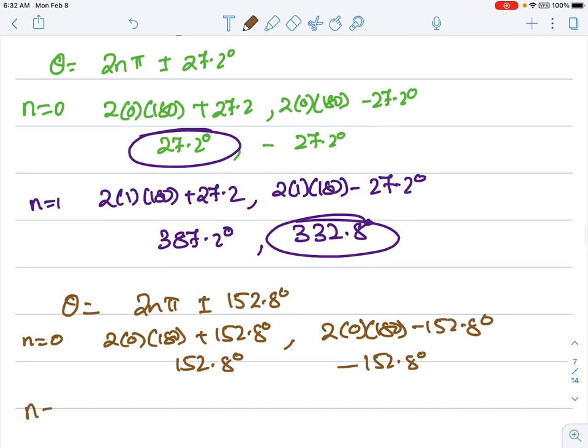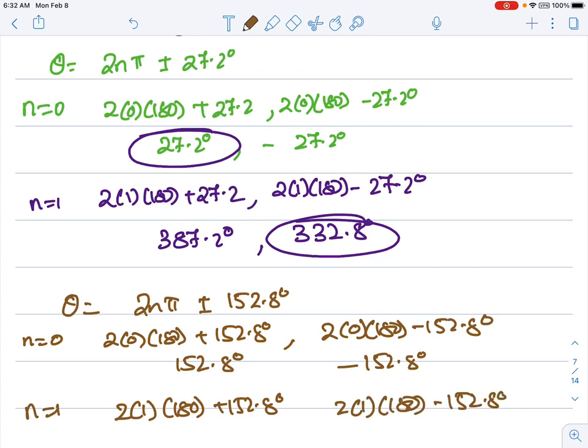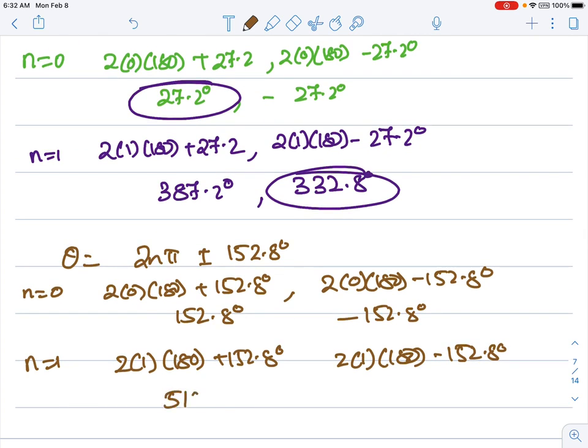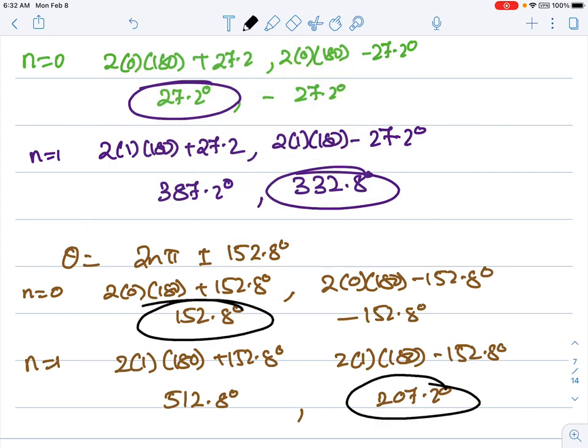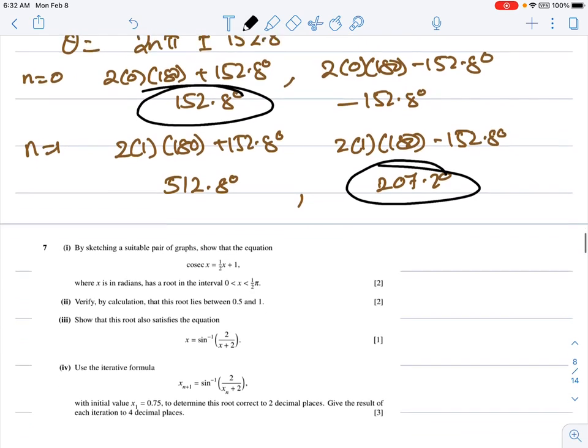Then I try n equal to 1: 2 times 1 times 180 plus 152.8 degrees, and 2 times 1 times 180 minus 152.8 degrees. So this becomes 512.8 degrees, or in the other case, 360 minus 152.8 is 207.2 degrees. Again the range is between 0 and 360 only, so these two angles are being considered.